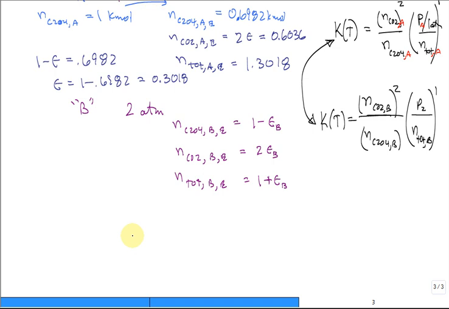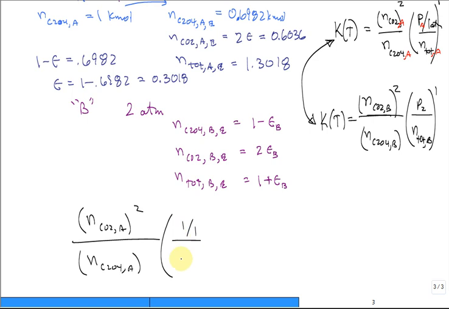But we have the number of moles of CO2 case A in equilibrium squared divided by the number of moles of C2O4 in equilibrium for the initial case A times 1 atm divided by 1 atm divided by the total number of moles for case A all to the 1 power is equal to, now I'm going to start substituting what we have.